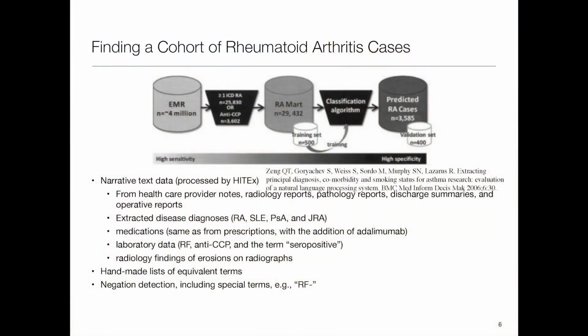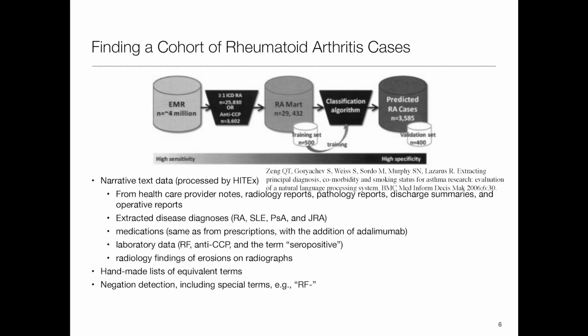And then for the narrative text, we used a system that was built by Qing Zhang and her colleagues at the time. It was called High-Tech. It's definitely not state-of-the-art today, but this was a system that extracted entities from narrative text and did a capable job for its era.